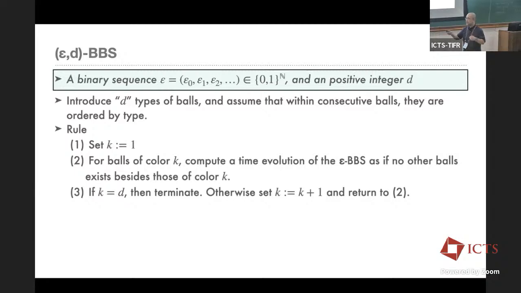And then the next step: starting from K equals 1, the next one is K equals 2, K equals 3, and up to D, just repeat. After finishing this repeating procedure, applying these rules, one time step of evolution is finished. This is the color version of epsilon BBS.